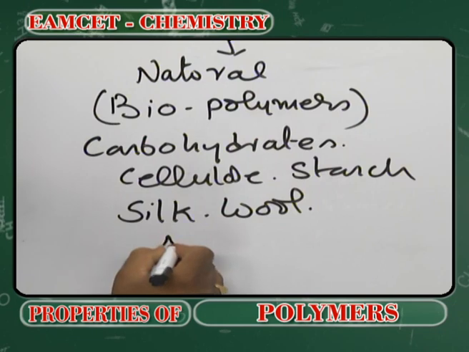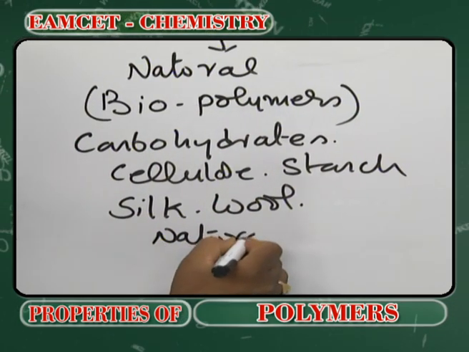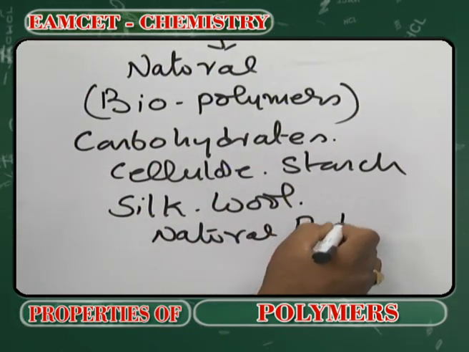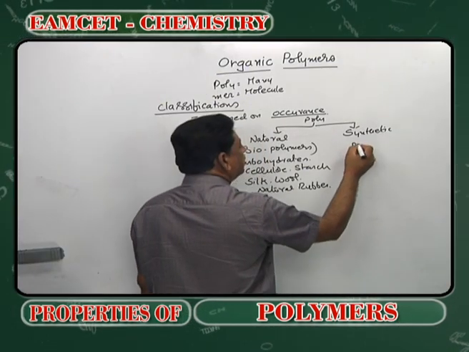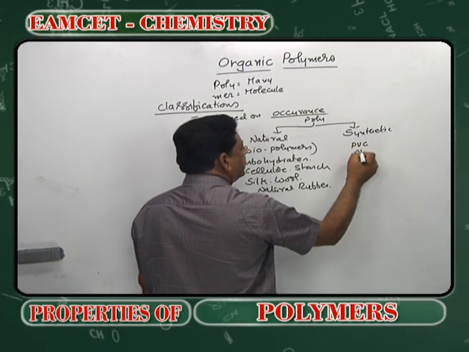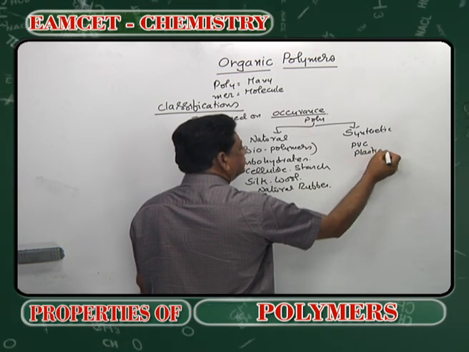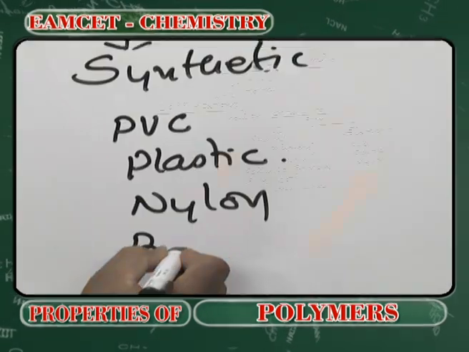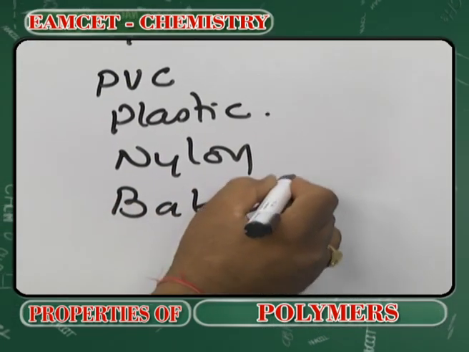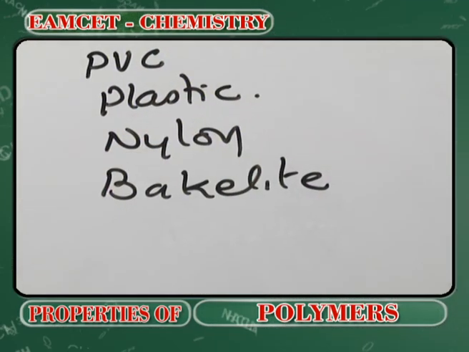And natural rubber. Synthetic means polyvinyl chloride, PVC, a plastic, and nylon, bakelite and so on. These are all man-made polymers.